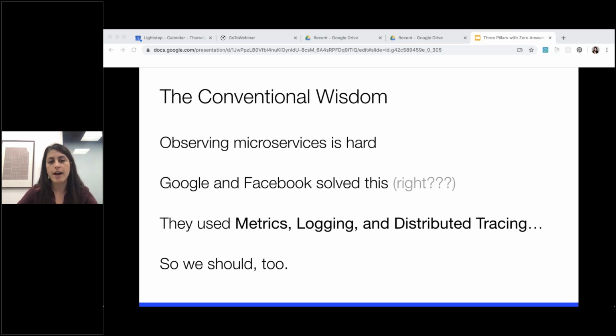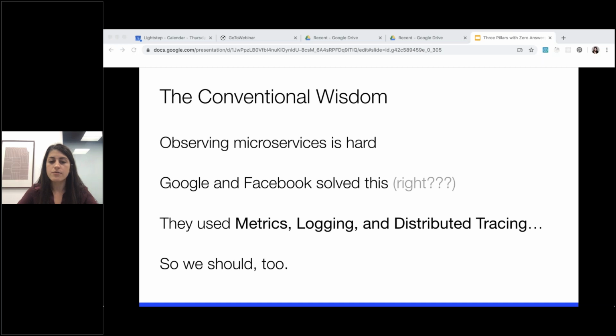They've figured out how to effectively observe microservices. And the way that they do this is by using metrics, logging, and distributed tracing. So since they've solved observability through these 3 tools, we should as well. And that's essentially the essence of the 3 pillars argument.